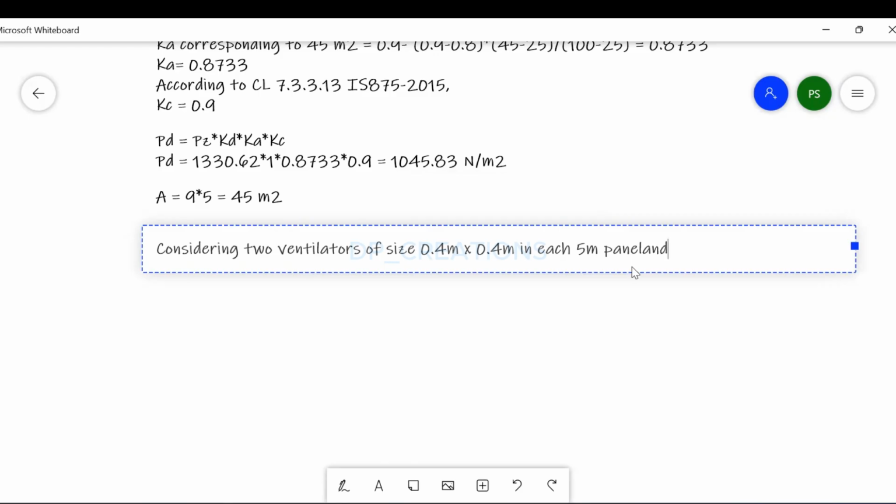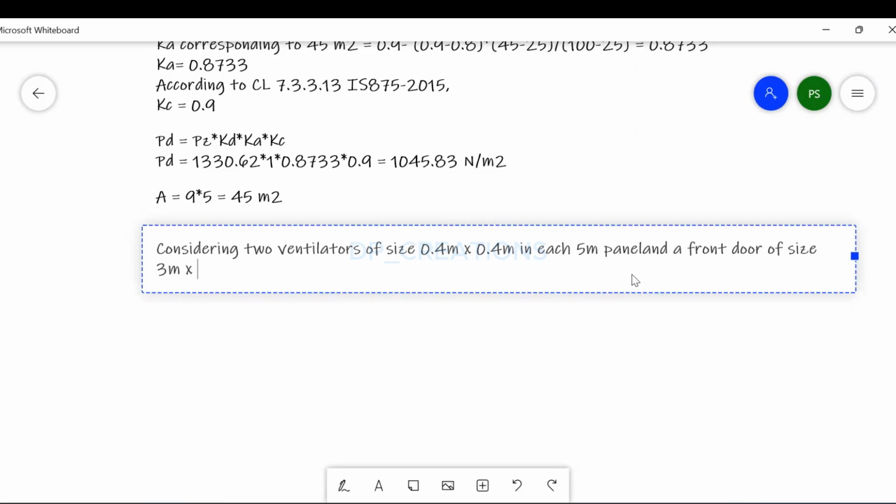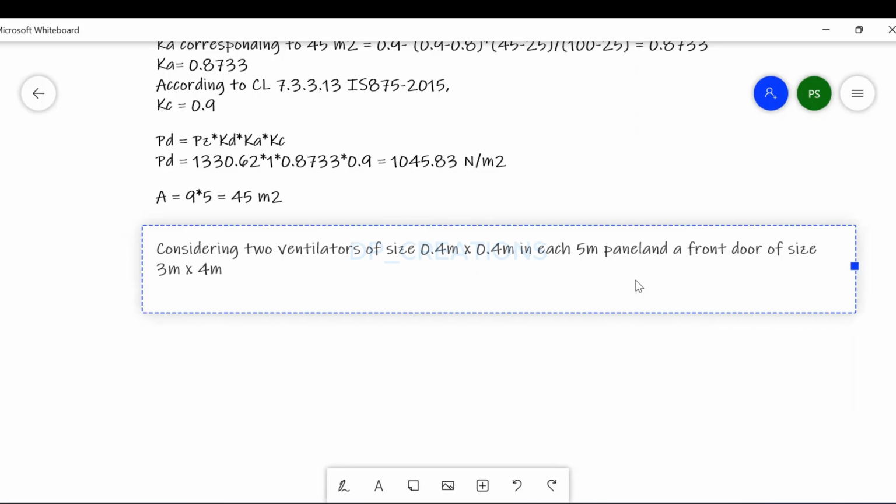And a front door of size 3 meter into 4 meter. Total opening area equals to, so, total is 8 points are there, so 8 into 2 into 2.